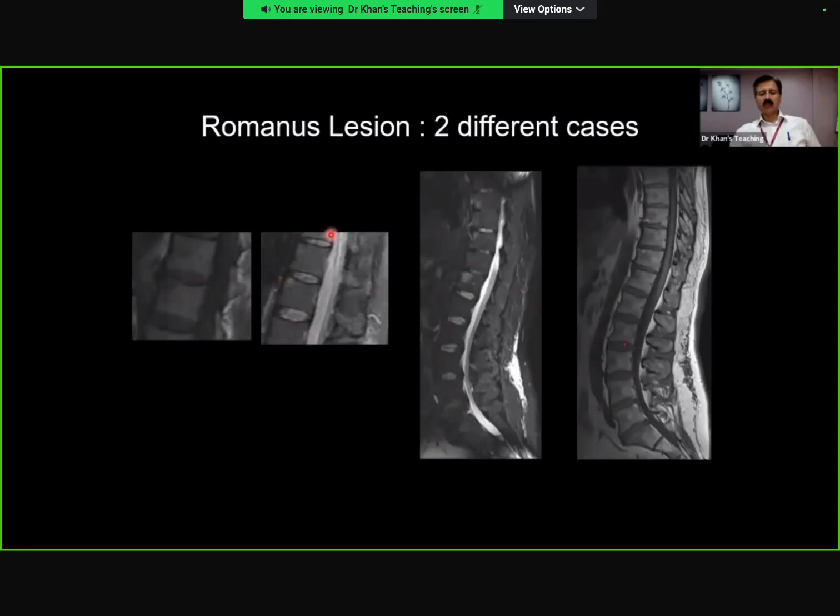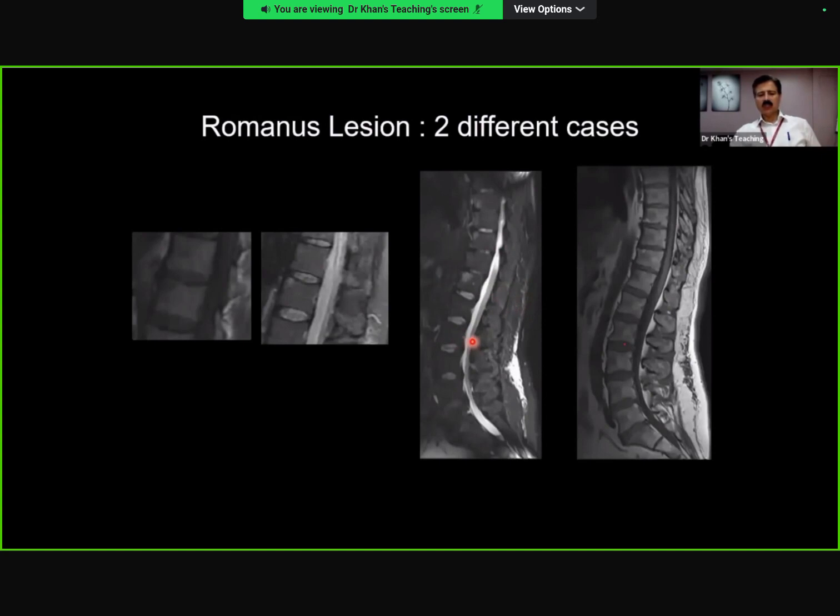Another point to remember is that this is STIR. Now you have to develop your eyes to say that this is a STIR sequence and not a T2 weighted sequence. There is a bit of difference there, and you can easily see on your PACS how a STIR looks and how a T2 looks. Look at the cord, this is always a fat saturated sequence by definition, so there will be no fat. So this is a STIR sequence.